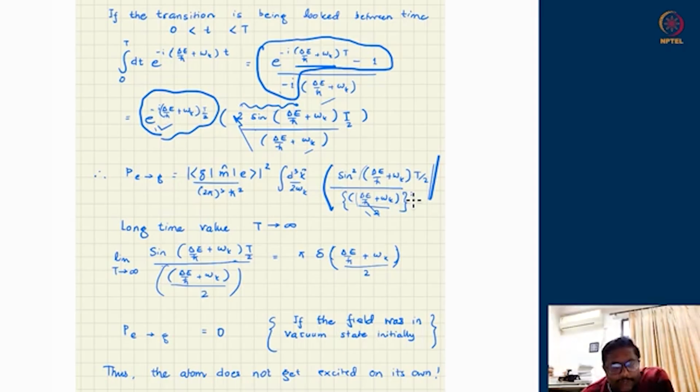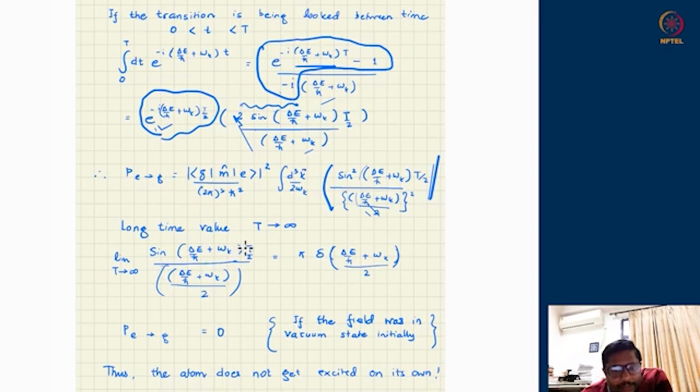At late time, what happens to the probability? Again, if you have seen it before, you would know the expression which is sine of something times t, divided by, call the whole thing a, delta E upon h bar plus omega k by 2, divided by delta E by h bar plus omega k by 2, and the factor t is there. So it has the structure sine(at) upon a, and then t tending to infinity.